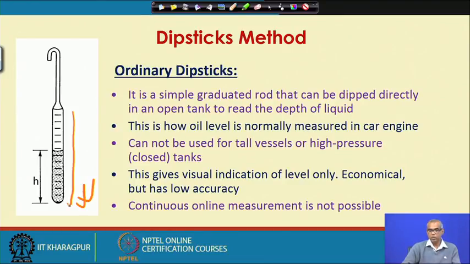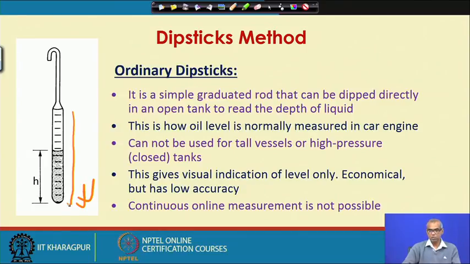A dipstick cannot be used for tall vessels or high pressure tanks, because high pressure tanks must be closed tanks. Dipsticks give visual indication of level only. It is economical but has low accuracy.